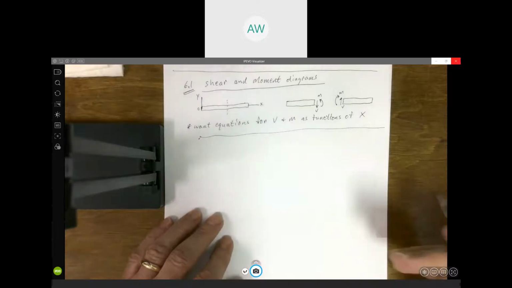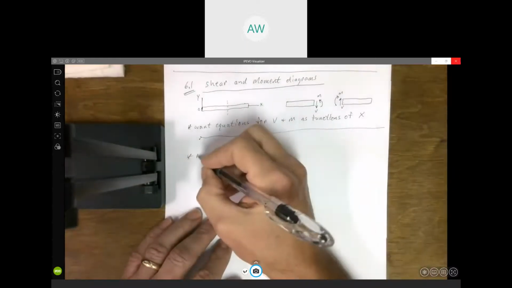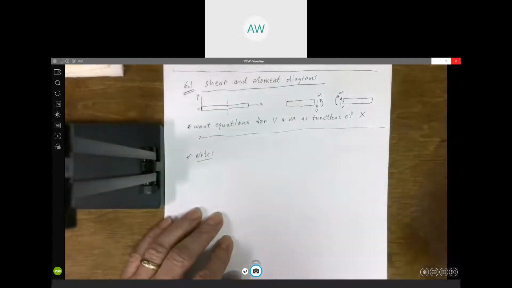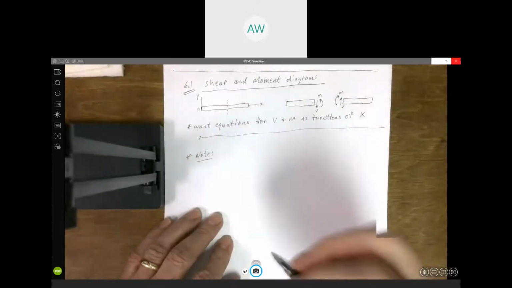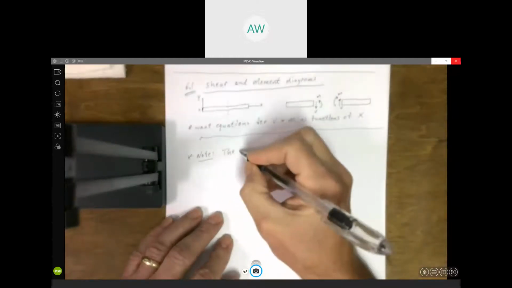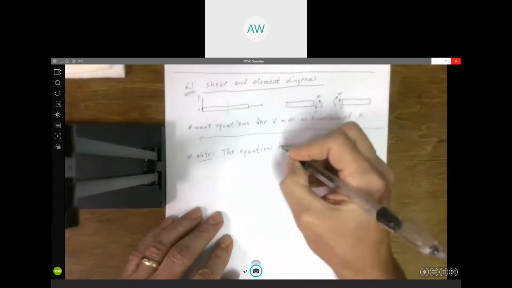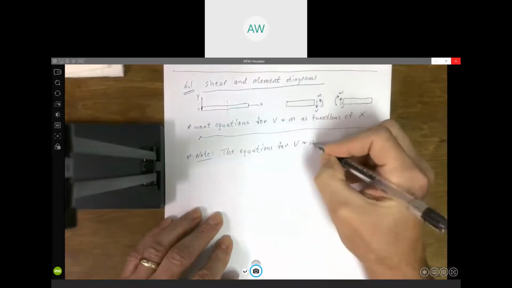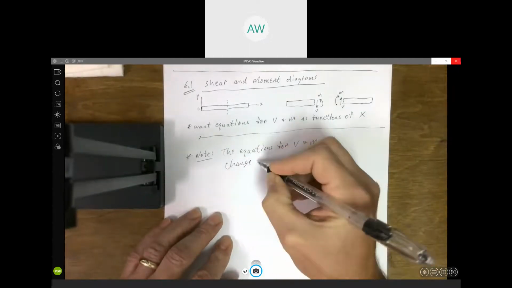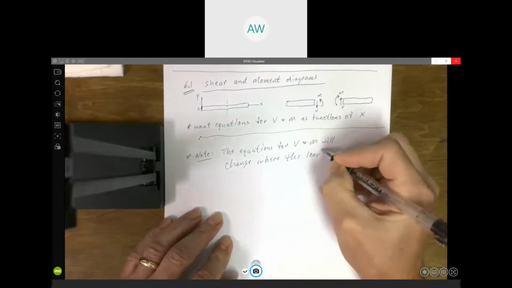But one thing to keep in mind: these equations for the shear force V and bending moment M are going to change wherever the loading changes.